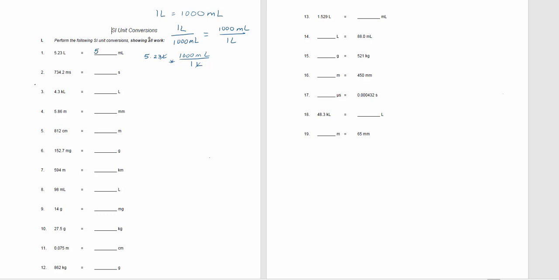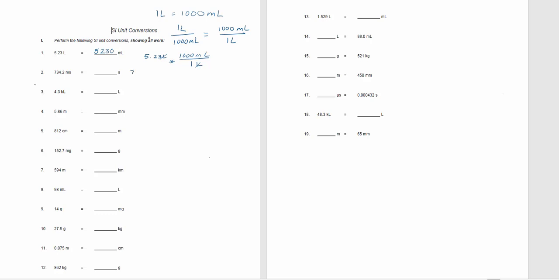So there are 5,230 milliliters in 5.23 liters. For dimensional analysis, we use the units as if they are algebraic factors, some in the numerator and some in the denominator. For number 2, we have milliseconds, and we want to convert to seconds.